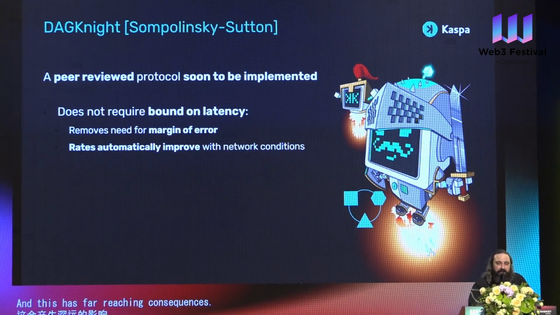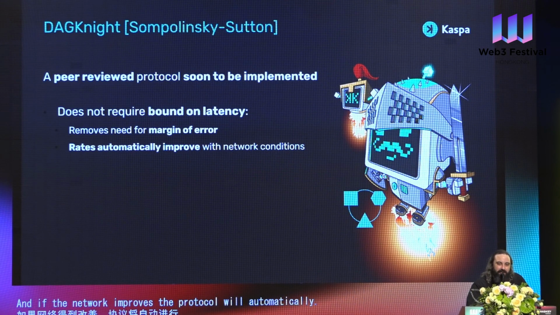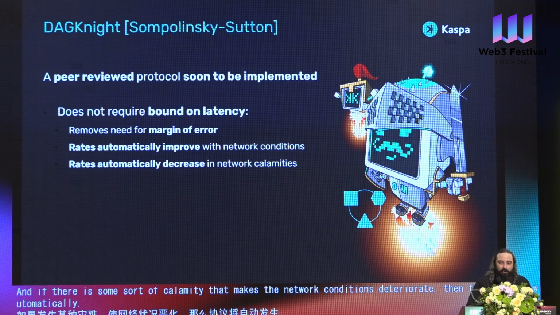And if the network improves, the protocol will automatically become faster in its confirmation times to accommodate the better network conditions. And if there is some sort of calamity that makes the network conditions deteriorate, then the protocol will automatically slow itself down to remain secure.